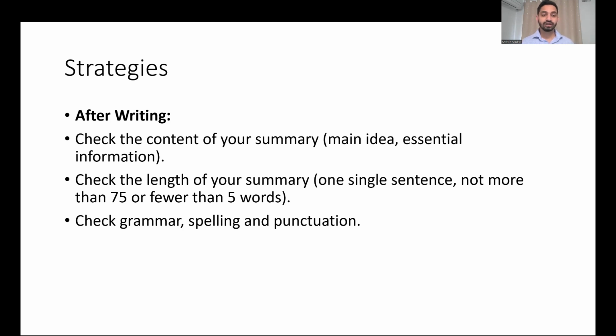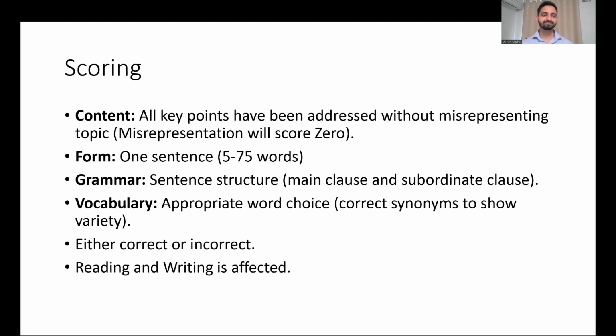You also have to make sure that the length of your summary is not less than 5 words and not more than 75 words. And it should be one sentence with only one full stop at the end. Please check your grammar, spelling, and punctuation, because you will lose marks for all of these 3 things. And I'll talk about scoring after this.